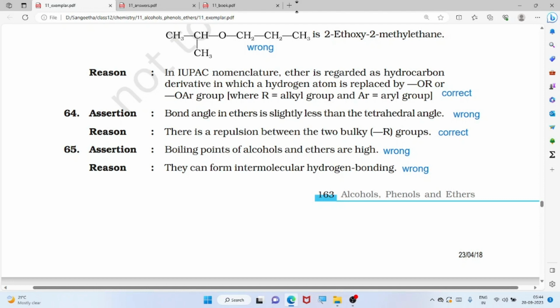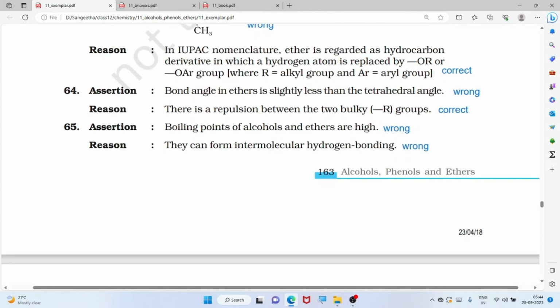Okay, that is correct. Bond angle in ether is slightly less than tetrahedral. Actually, this is slightly more than. So here less than is wrong. It should be slightly more than. There is a repulsion between the two alkyl groups. This is correct.